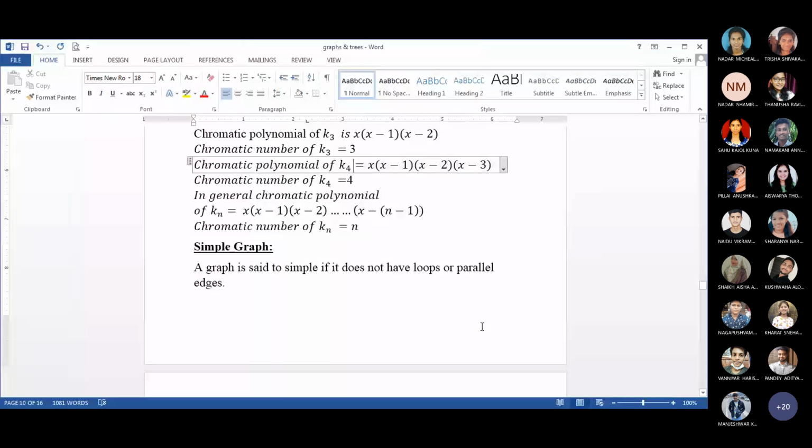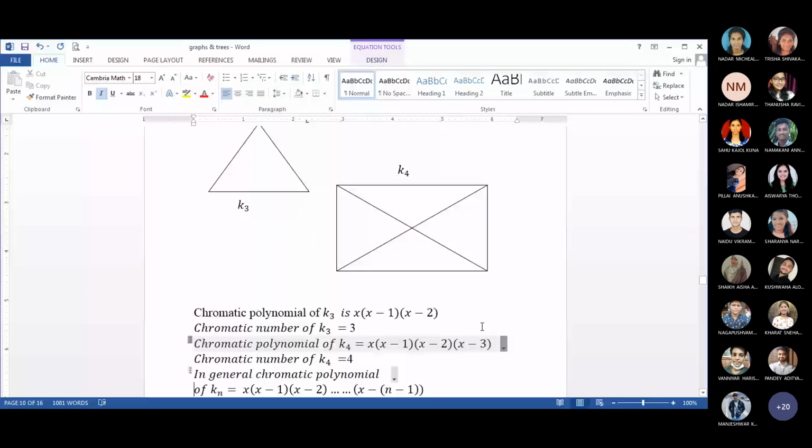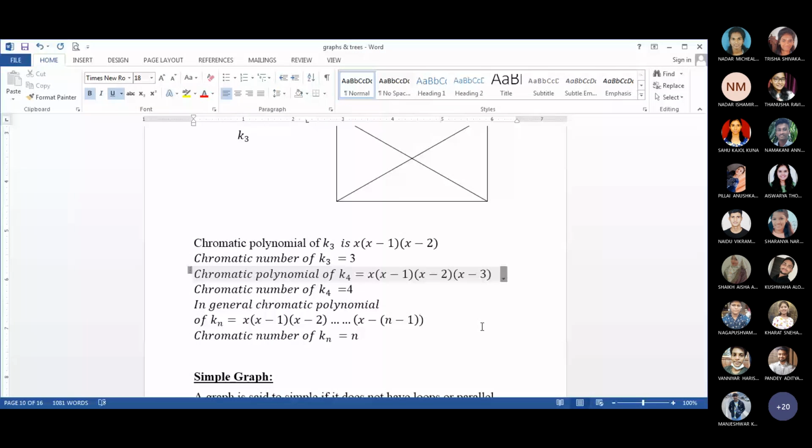I hope you have seen both the diagrams, right, for K3 and K4. You have seen both diagrams well, right? Yes, sir. Every vertex is connected to every other vertex by means of an edge.